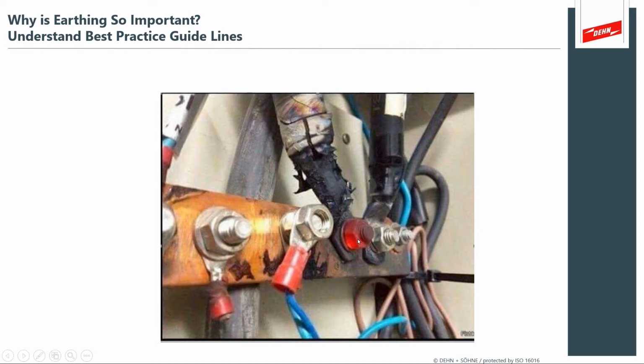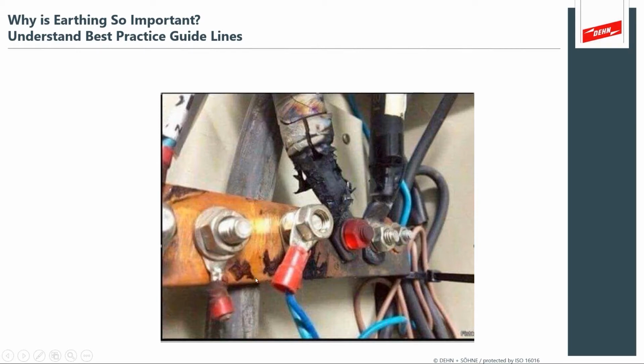This is probably indicative of a neutral ground bond that's got too much neutral current flowing, but things like this tell you that there's truly a lot of work to do to evaluate the design and the implementation at a plant like this. So these are the types of things we're looking for. And here you can see this wire is oxidizing from excessive heat.